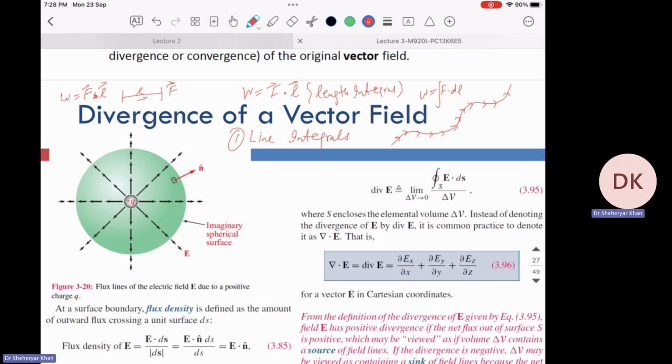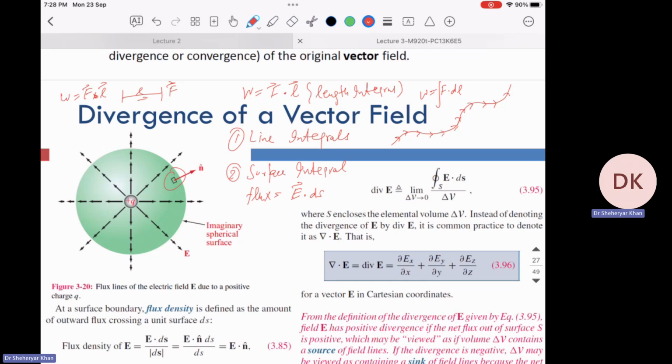Okay. So there are certain quantities that actually use the surface integral. Okay, so let's say flux is equal to E dot dS, right? Now this area could be like this. It could be a small patch on the surface of any shape. So you multiply E with that dS, and then you get the whole flux.